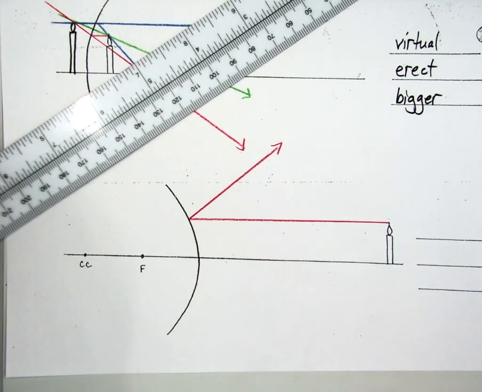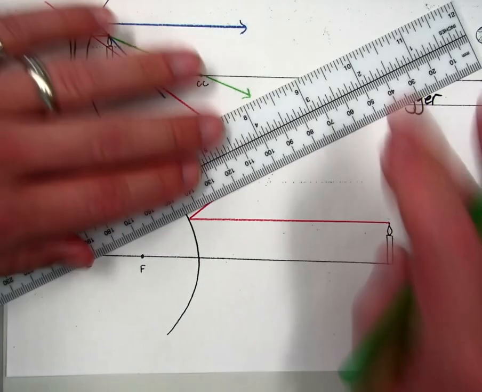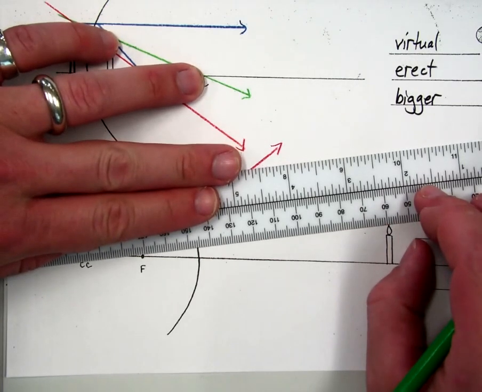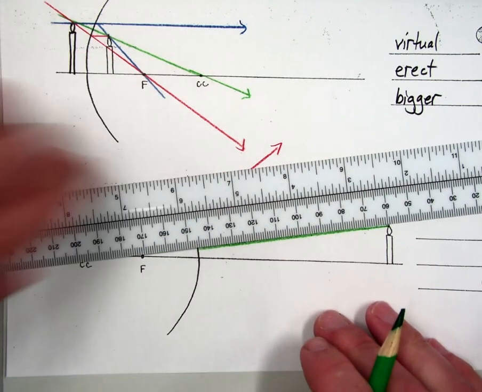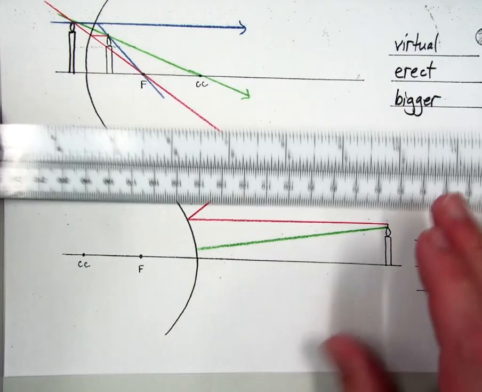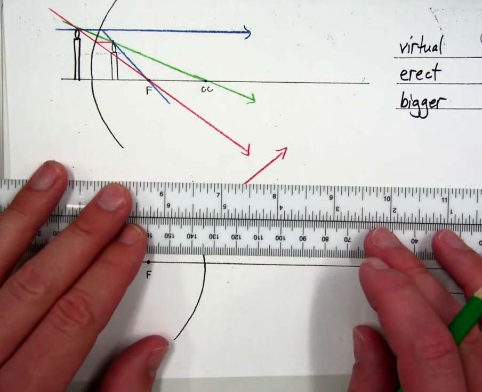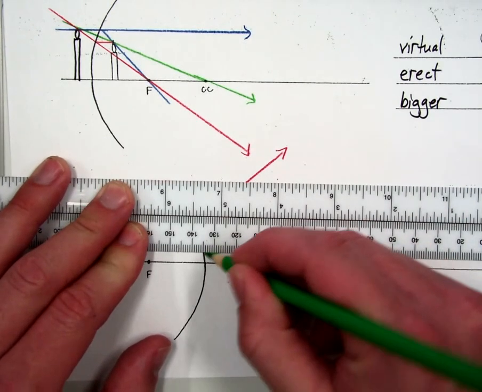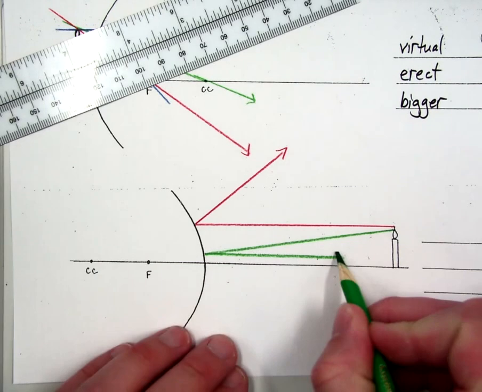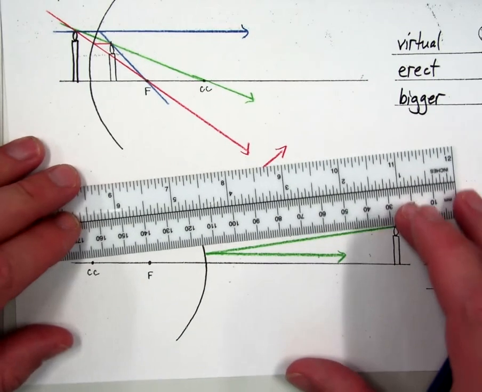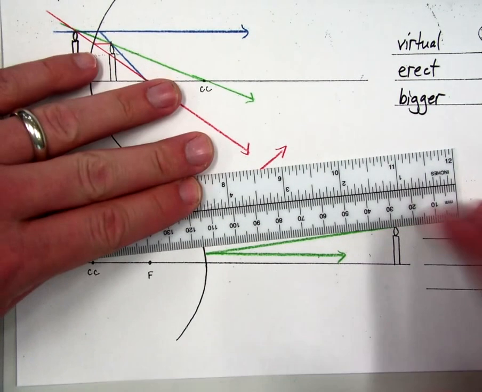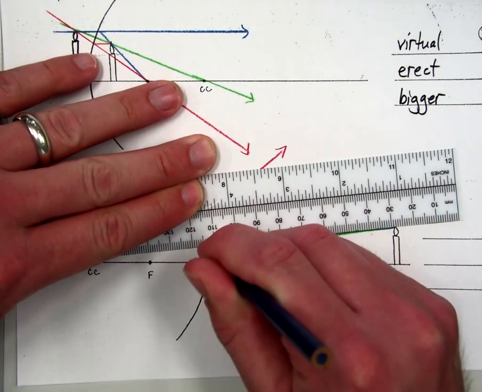The second ray comes in towards the focal point, but after hitting the mirror, it comes out parallel. Once again, I don't think we're going to get a converging point here, but just to draw the third one in, towards the CC and right on through.